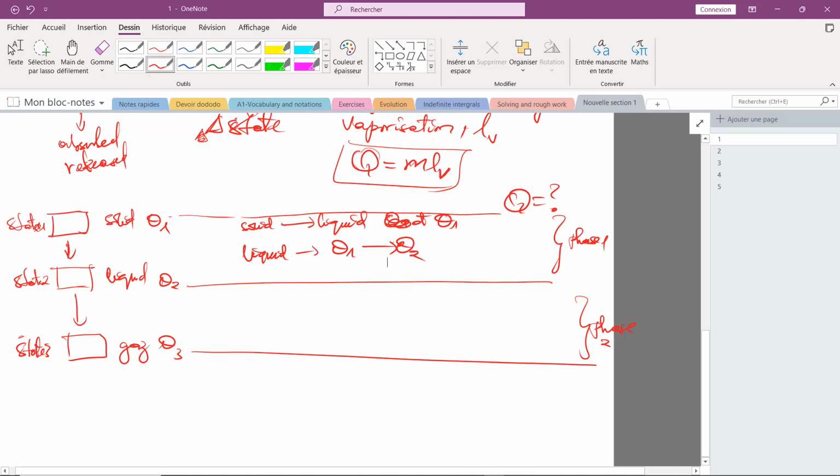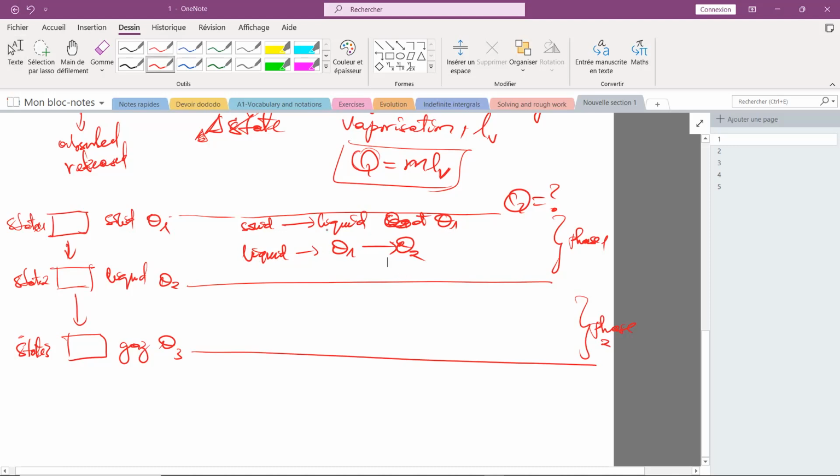No. For this substance to change temperature, it will first leave the solid state into the liquid state at the same temperature. Then when it becomes liquid, it will then leave the temperature at which it was, theta 1, into the temperature theta 2.